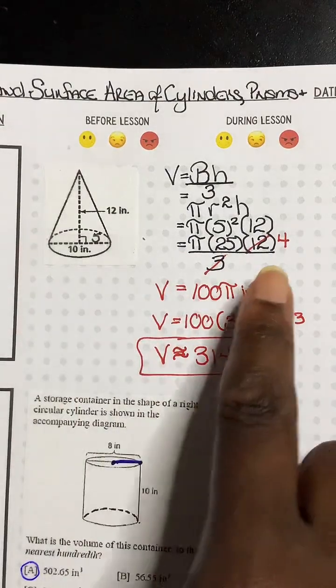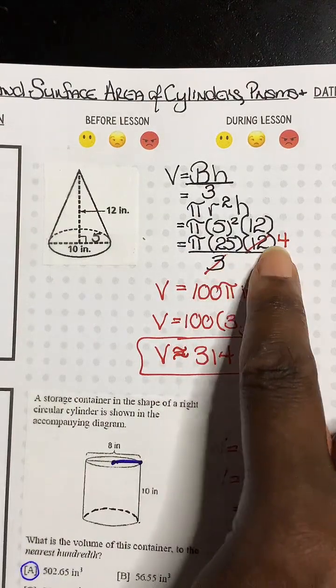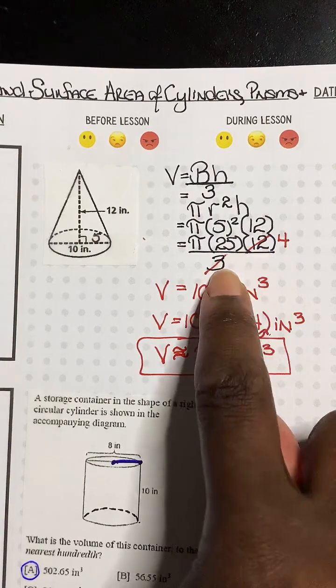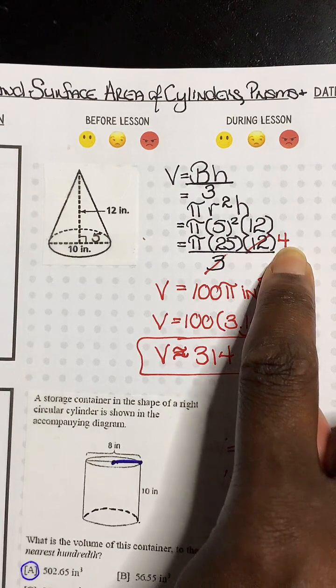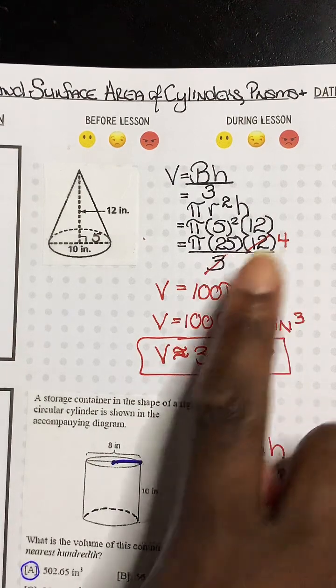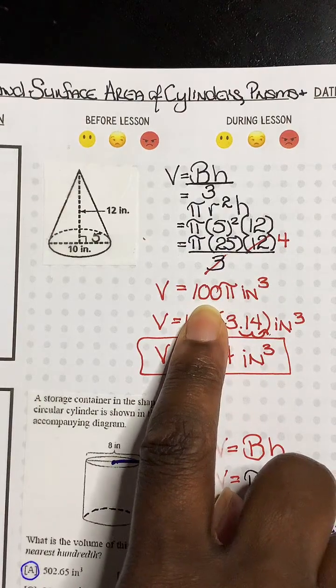The best way is to simplify as best you can. So I did 12 divided by 3. That's where this 4 came from. Now I can multiply the 25 and the 4. That's where this 100 came from.